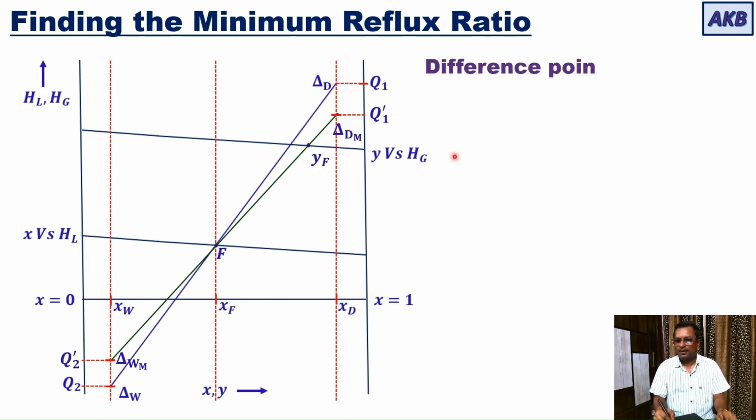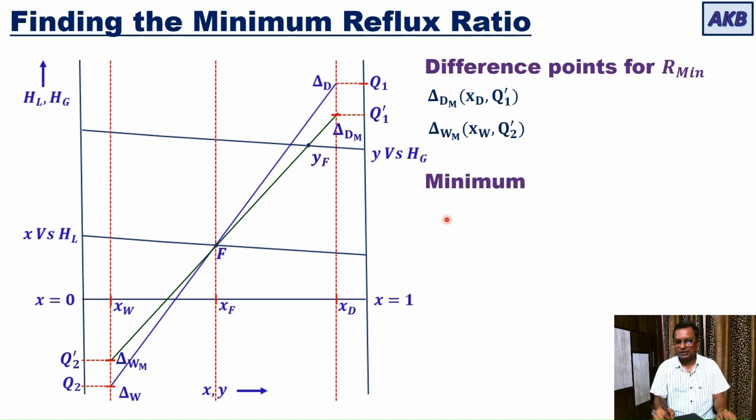So the difference point for R minimum, that is minimum reflux ratio, is delta Dm. What are the coordinates of this point? XD and Q1 dash. And delta Wm will have coordinates of XW and Q2 dash. Then the minimum reflux ratio will be given by this formula.